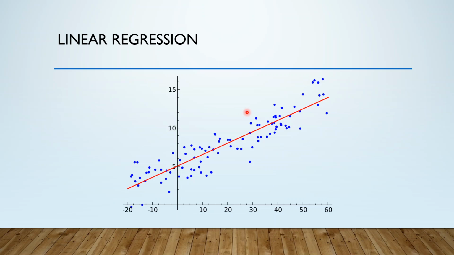So 50 such x and y values have been given, and you have plotted them as blue dots in the x-y plane. Now, by linear regression, you are supposed to find out the red line.